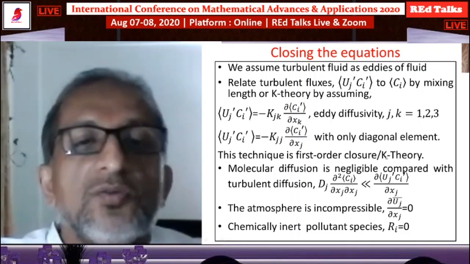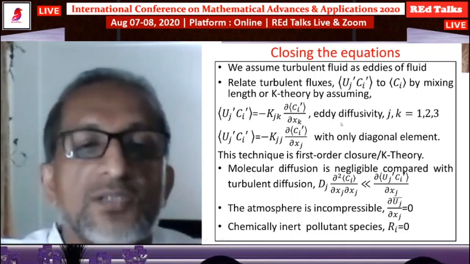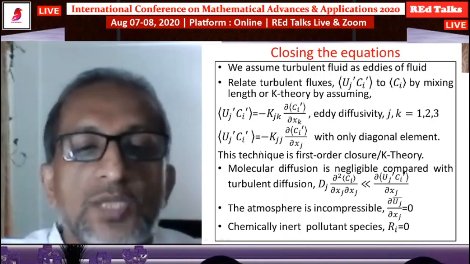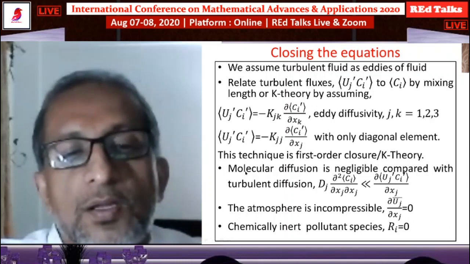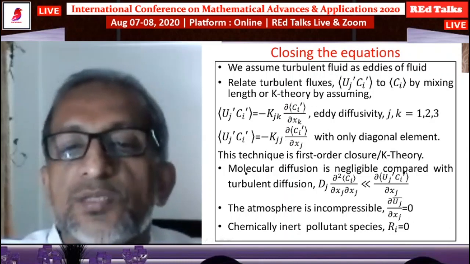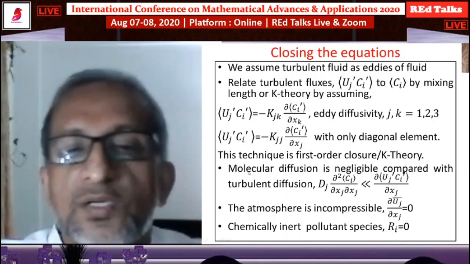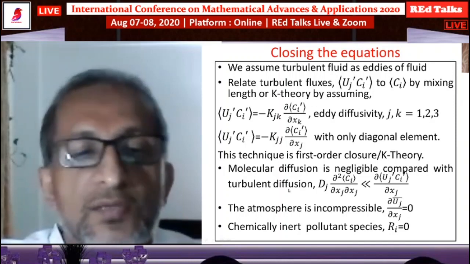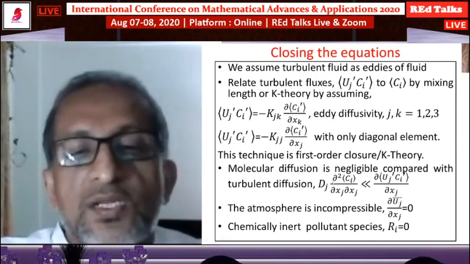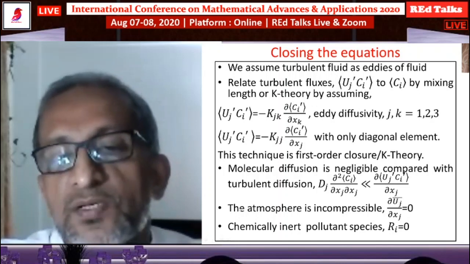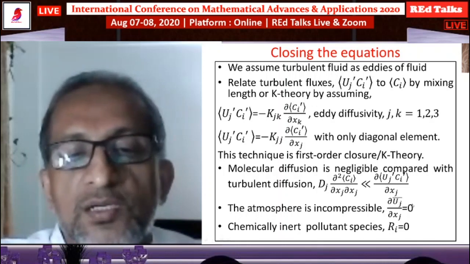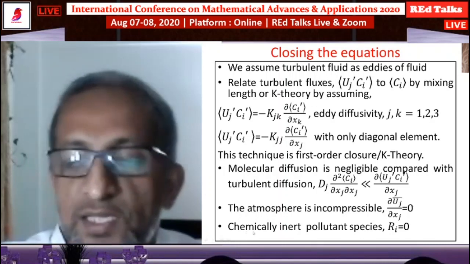In addition to closing the equation, we assume that the molecular diffusion is negligible compared with the turbulent diffusion, so this can be neglected. And the atmosphere is incompressible, therefore this term is 0. And we consider a chemically inert pollutant, therefore Ri is 0.